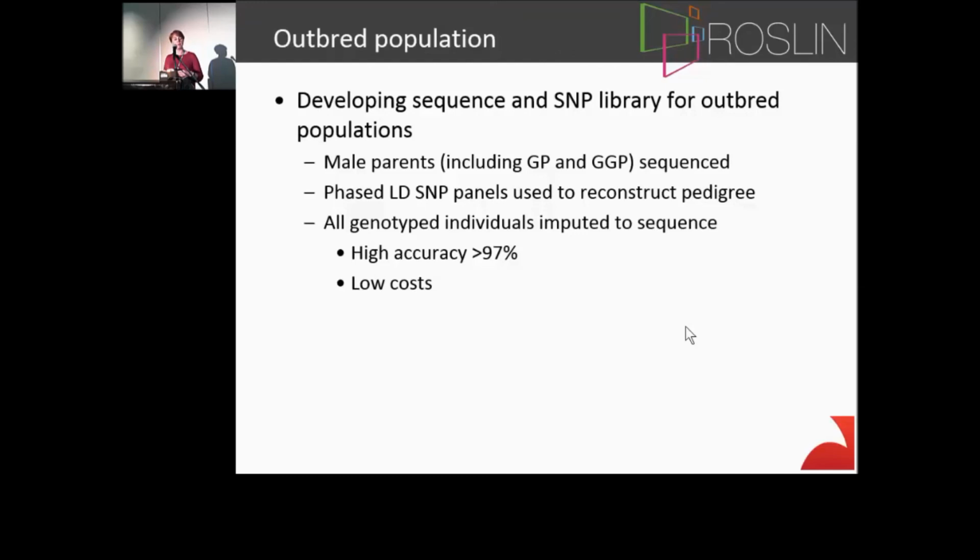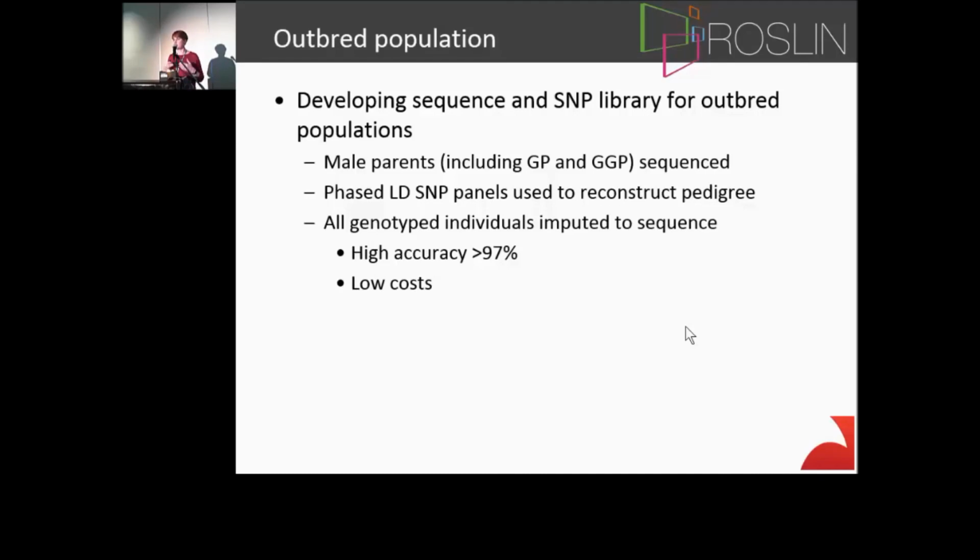In these outbred populations, we have funding proposals being prepared with the objective of producing a sequence-based SNP library. We will sequence all the males within the population, so that's all the sires, the grandparents and great-grandparents. The females will be genotyped on a low-density SNP panel using the SNP line that we have CapEx in for at the moment, and this will be a phased SNP panel.